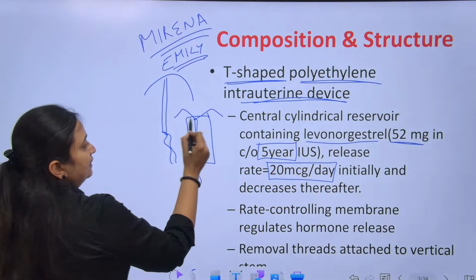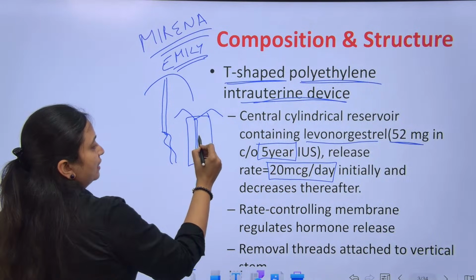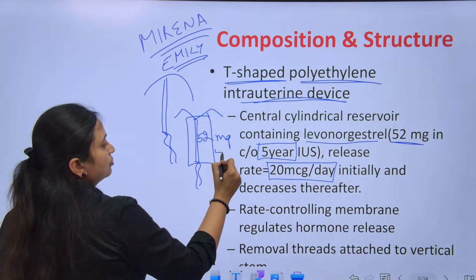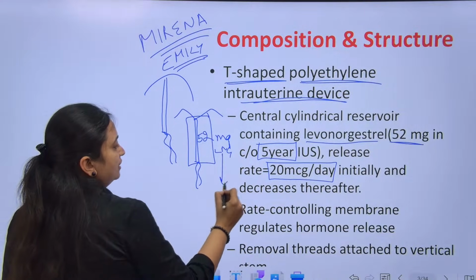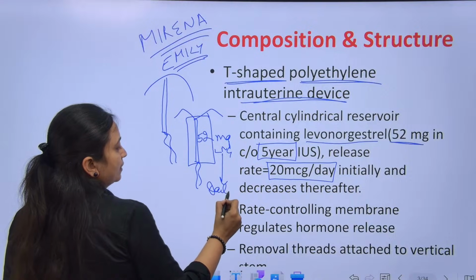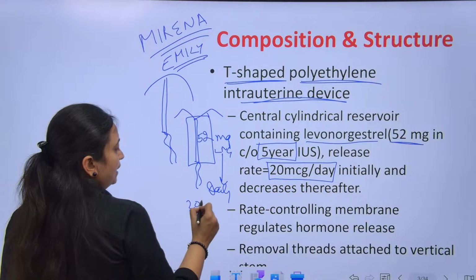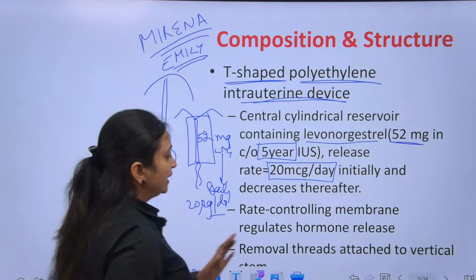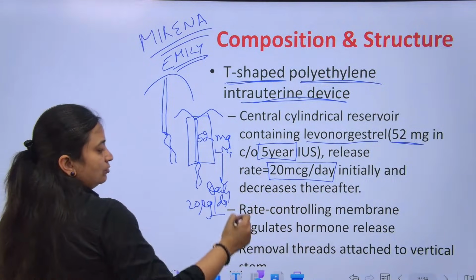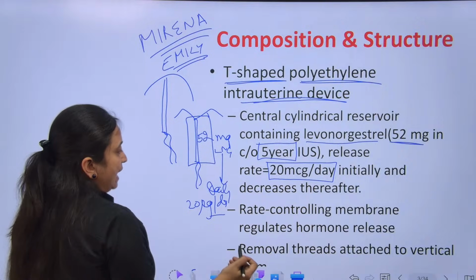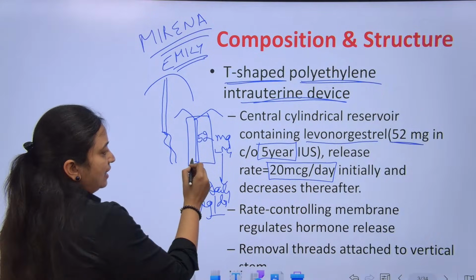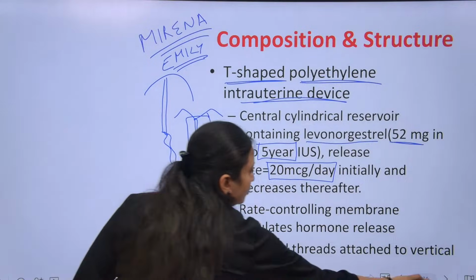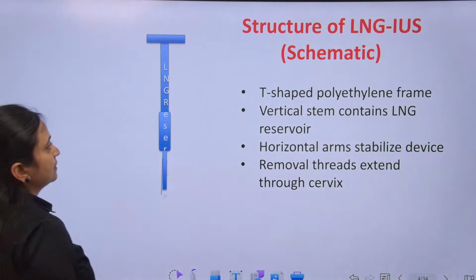So this central reservoir will contain a total of 52 milligram of levonorgestrel, which it releases at 20 microgram per day. A rate controlling membrane regulates the hormone release, and the removal threads are attached to the vertical stem. So this is the structure and composition of the device.